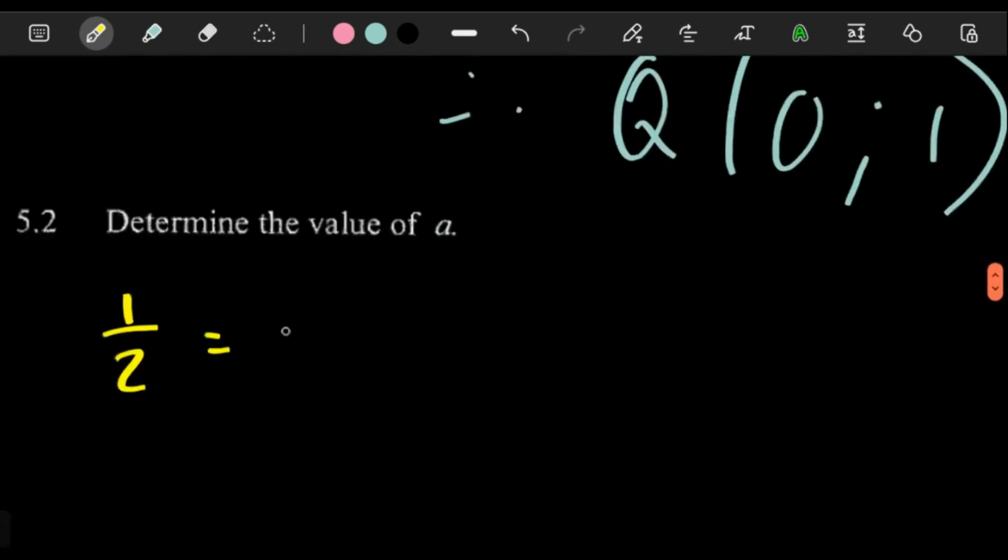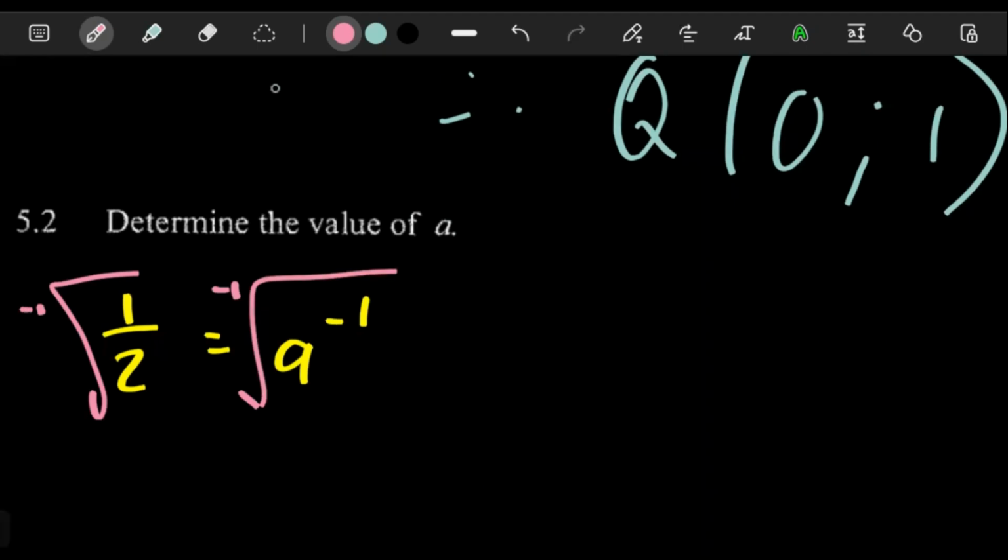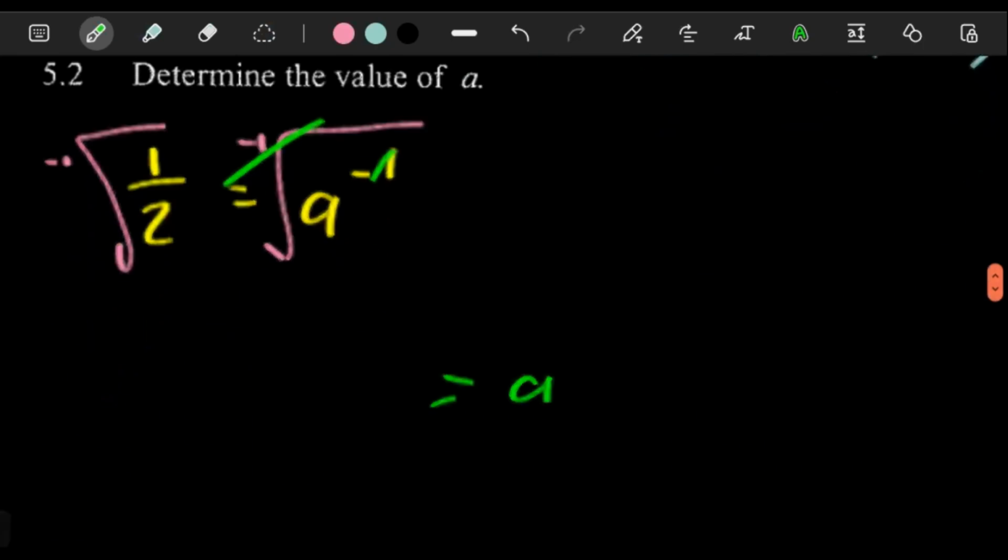In the calculator, you get the liberty of doing something like this, and your calculator will give you an answer. So this cancels that, you get a, and the answer is 2.